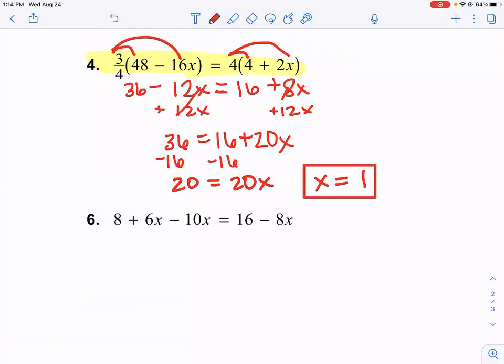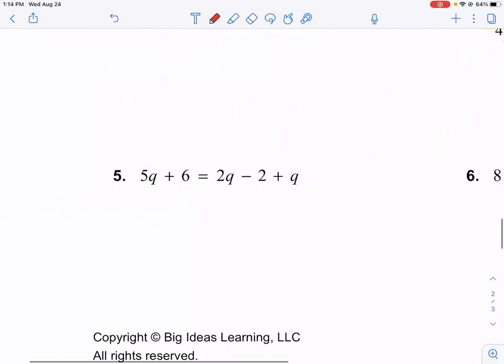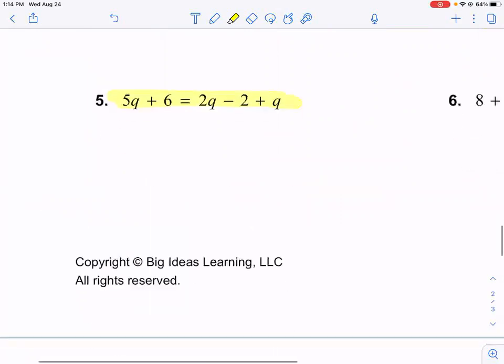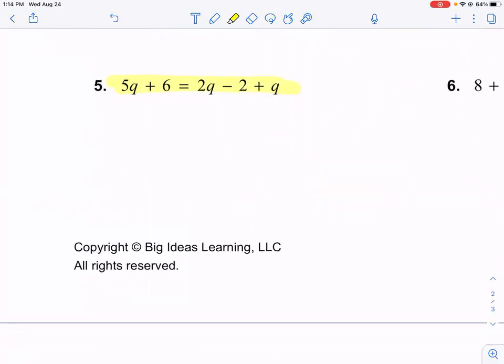What's confusing? Okay. Next, I would like you to move to number 5. Requires 0 noise. Okay. Aiden, what do you think the first thing we need to do would be?